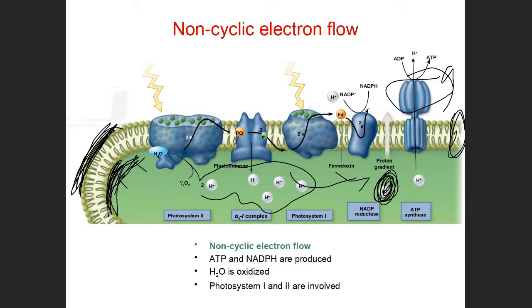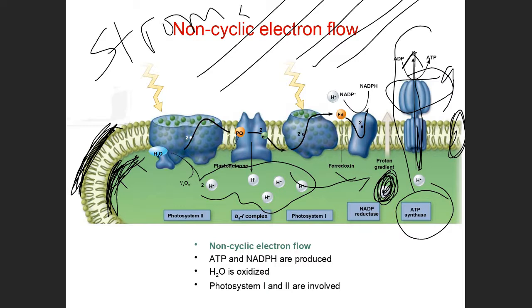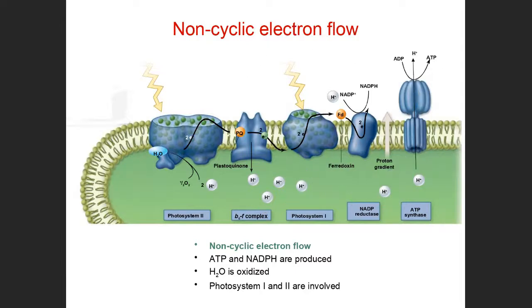The only transporter of protons is this ATP synthase. So they are going to cross this ATP synthase to diffuse into the stroma, to not accumulate too much positivity over here in this part of the membrane.